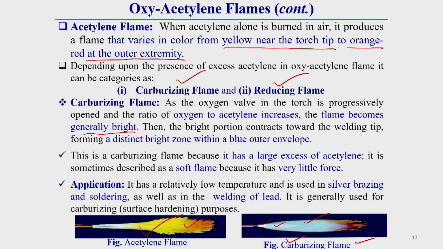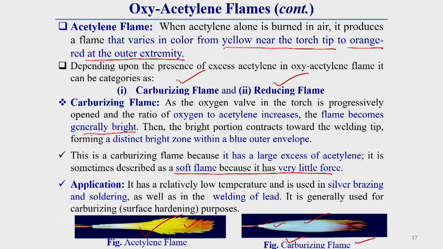It is sometimes described as a soft flame, because the carburizing flame has very little force. Its force is higher than the acetylene flame, but still very little. That is why this type of flame is used for low temperature alloys. It has a relatively low temperature, and that is why it is used in silver brazing and soldering, as well as for welding of lead.